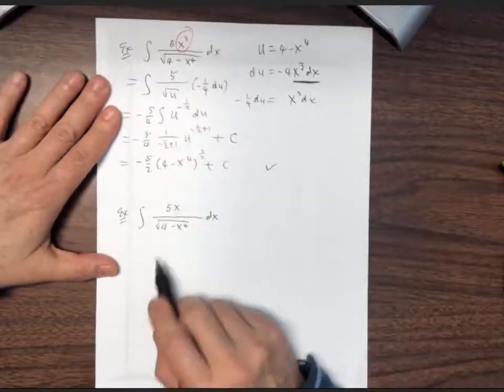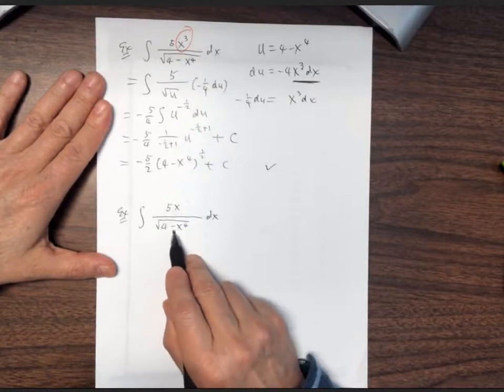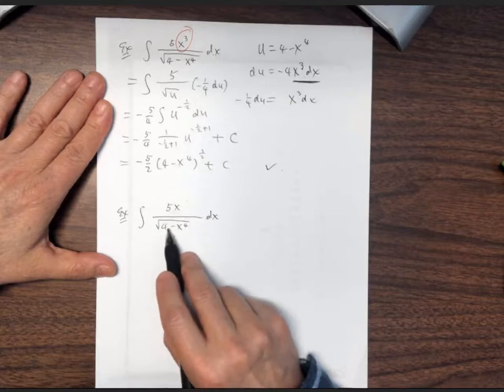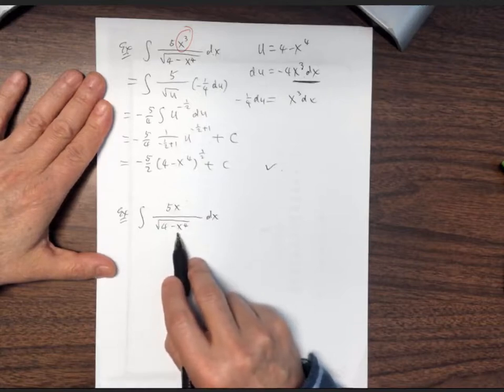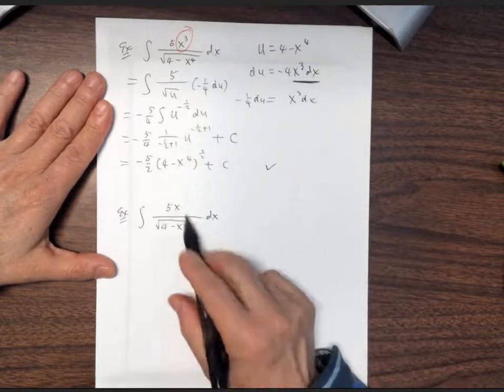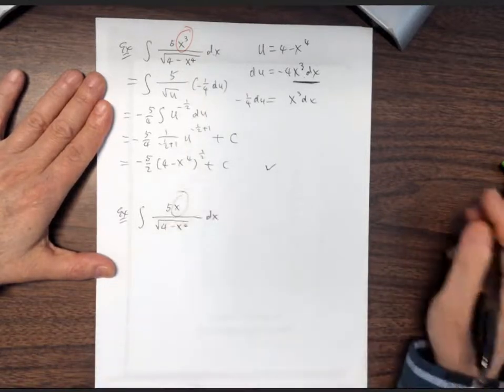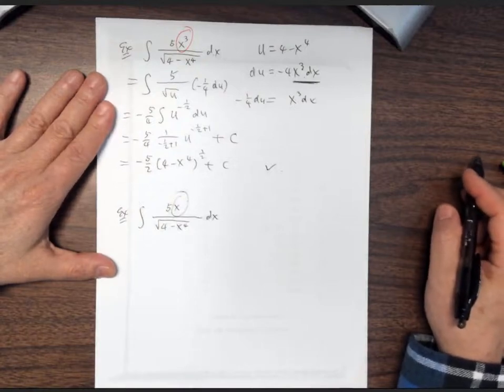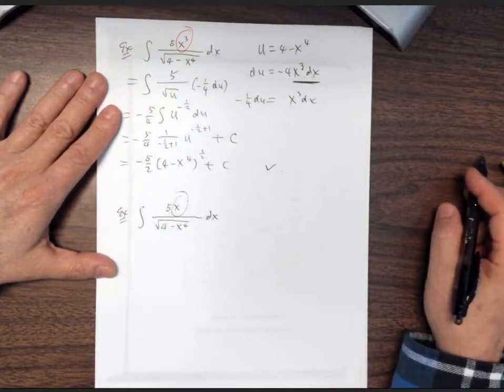Well, it turns out u equal to 4 minus x to the fourth power, right? If that's my substitution, I would want to have x to the third power as what I call the supporting factor, right? What do I have in this problem? I only have x to the first power. I don't have x to the third power.